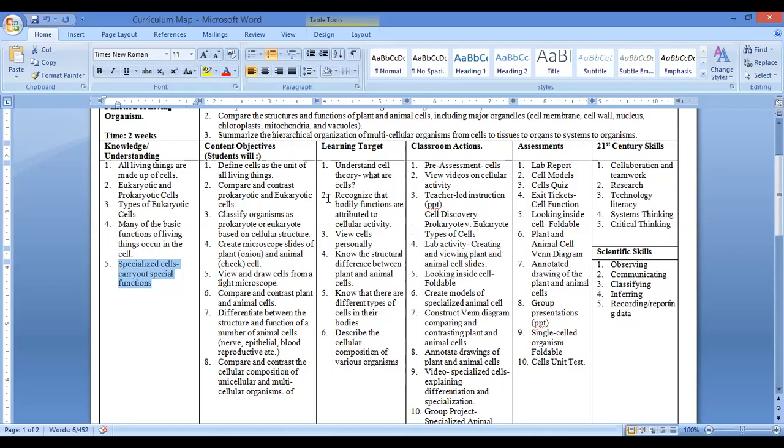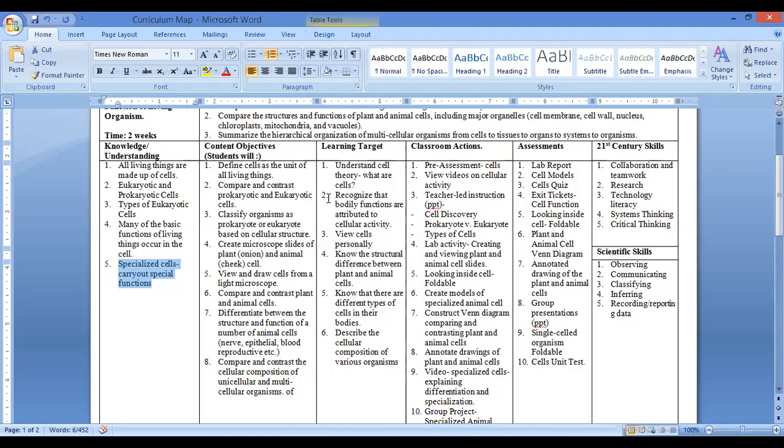That is absolutely important because students do have to recognize that their bodies do have different types of cells. And then lastly, we talk about that composition of their bodies compared to another organism in terms of cellular composition.